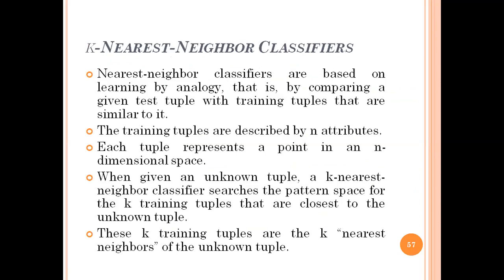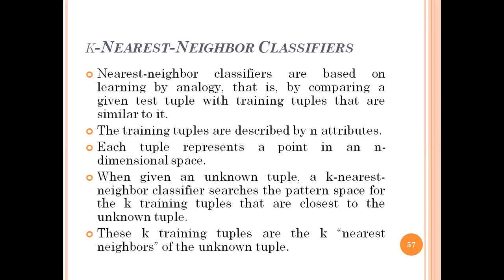Okay, so the training tuples, as in all cases, are described by n attributes. Each tuple represents a point, and when given an unknown tuple, a k nearest neighbor classifier searches the pattern space for the k training tuples that are closest to the unknown tuple. That means if you are using 3NN, the classifier will try to identify 3 nearest neighbors.